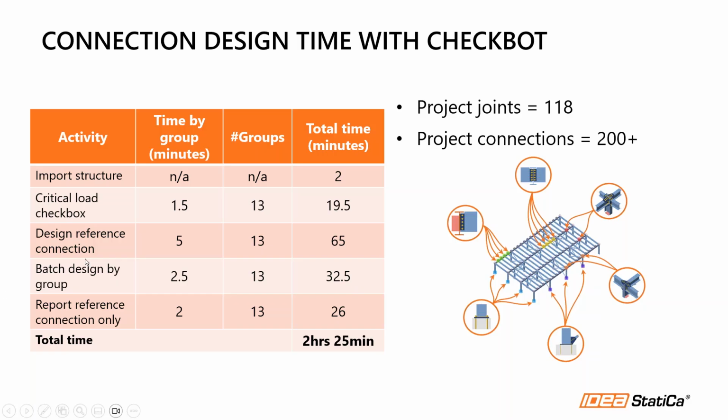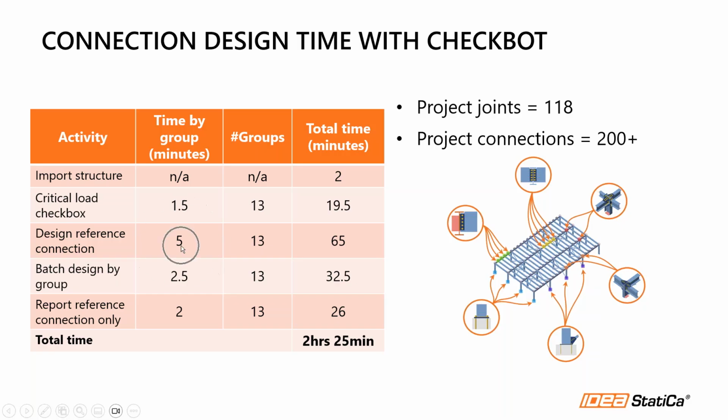The same for the design reference connection. Obviously, this is an average of 5 minutes, right? Because there are some connections that are like a shear tab or a double angle connection. As you saw, you just apply an operation, and this will take you less than a minute, right? But there are some other joints, like the ones in the middle, that have 4 elements coming in, and then you will need more time to optimize the end plate and then the flange plates, and this will take you more than 1 minute.